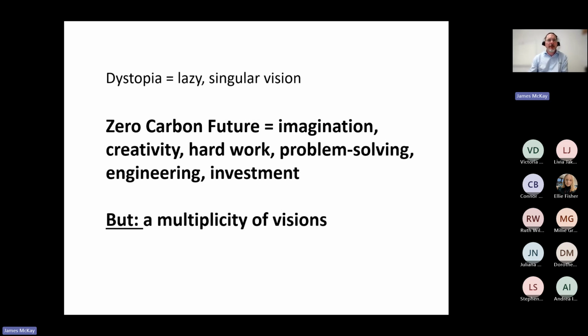We know what that looks like. Whereas a good future requires a very different mindset. We need imagination, creativity, and problem solving. And there's lots of different people's visions. So we moved into creating work that communicated research about positive solutions to climate change.